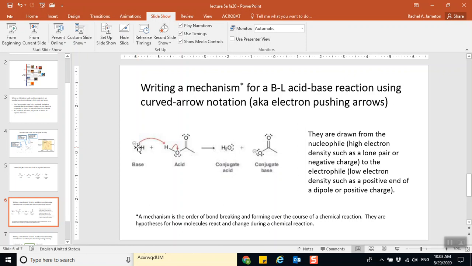This oxygen here has 2 bonds and 2 lone pairs, and so it's neutral in the product. When you are drawing acid-base reaction arrows, you should have those 2 arrows, and the first one should be from the lone pair to the proton, and the second one to show how the bond becomes a lone pair.